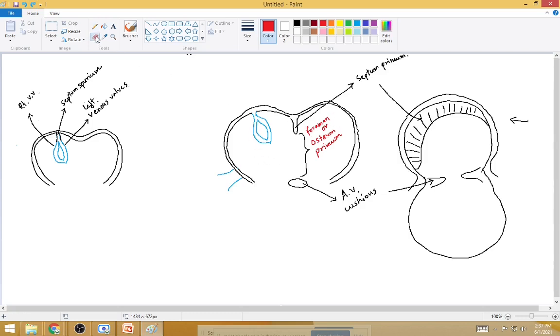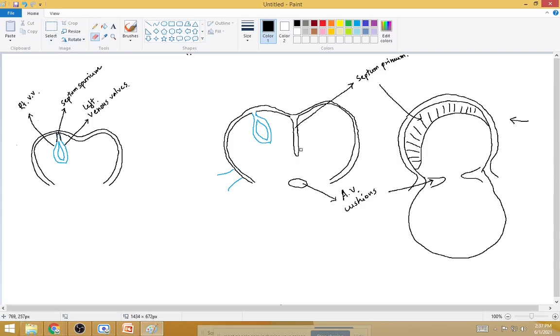And now from where is it going? It is going through this foramen or ostium primum. But what will happen? This has to form a septum, isn't it? So the septum will keep on growing, like that.